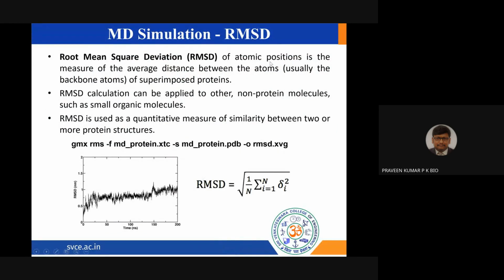So what is RMSD? It is one of the outputs derived from the MD simulation. Root mean square deviation: it is the measure of the average distance between the atoms, usually the backbone atoms of superimposed proteins. If you want to check the quality of a protein, the structural quality can be determined through RMSD.